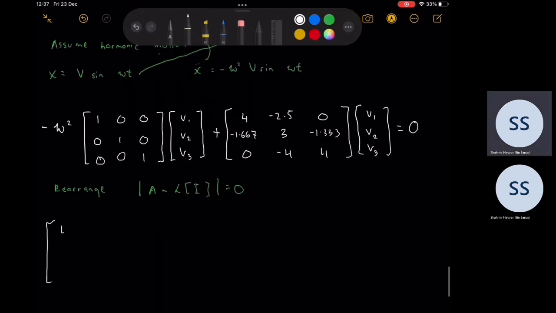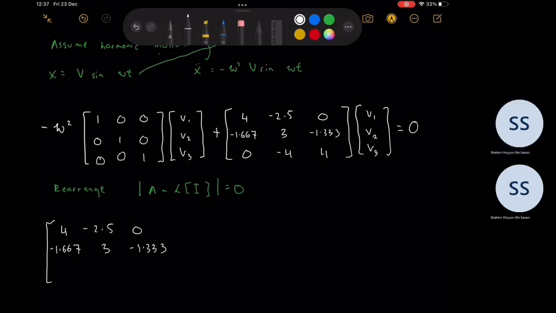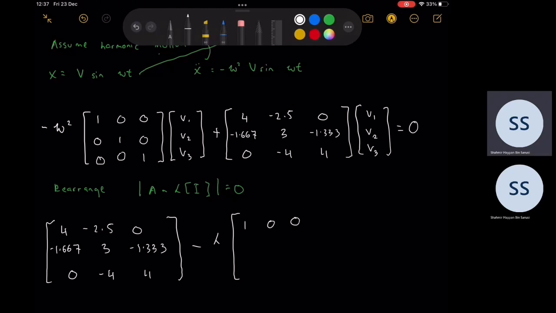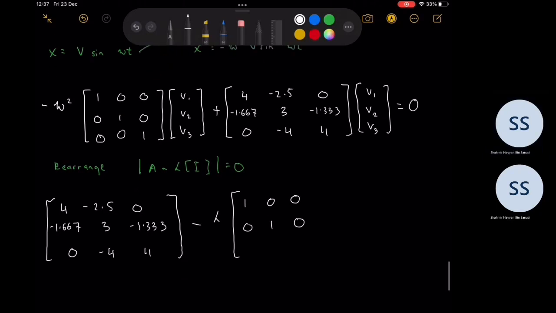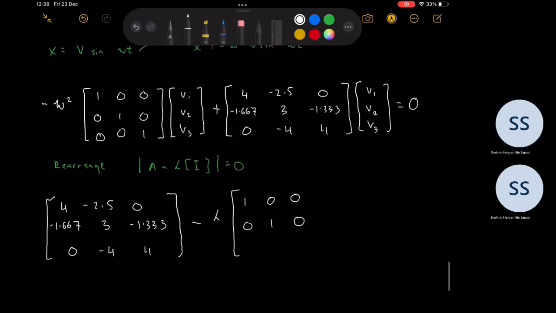So 4, negative 2.5, 0, negative 1.667, 3, negative 1.333, 0, negative 4, 4, minus lambda times 1, 0, 0, 0, 1, 0, 0, 0, 1.